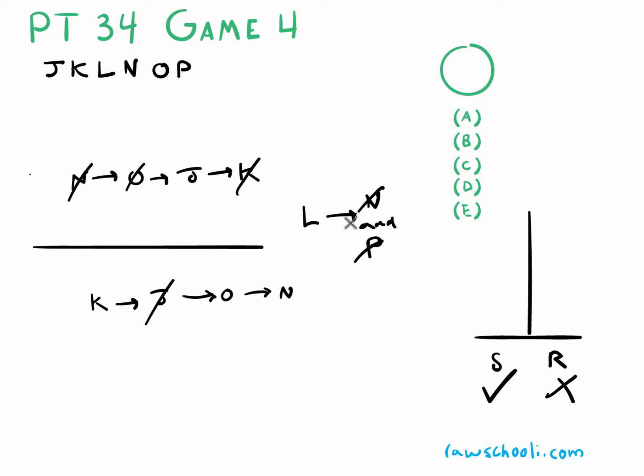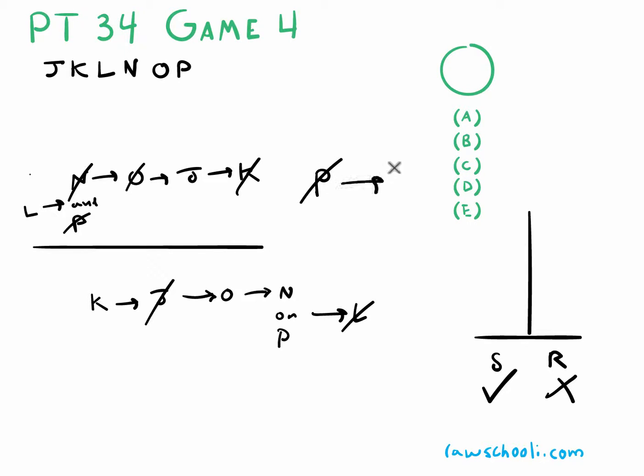And suddenly you notice this can link up. So L, then not N and not P. And then the contrapositive of that is going to be N or P, then not L. And that rule's done now. Last rule is not P, then K and O. So we should be able to see that this is going to be pretty easy to get on over on this side.